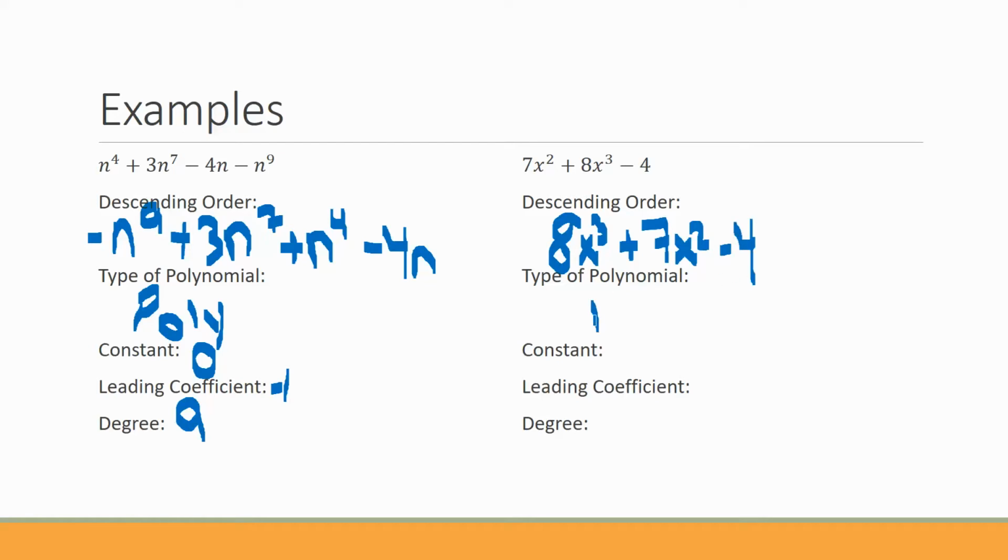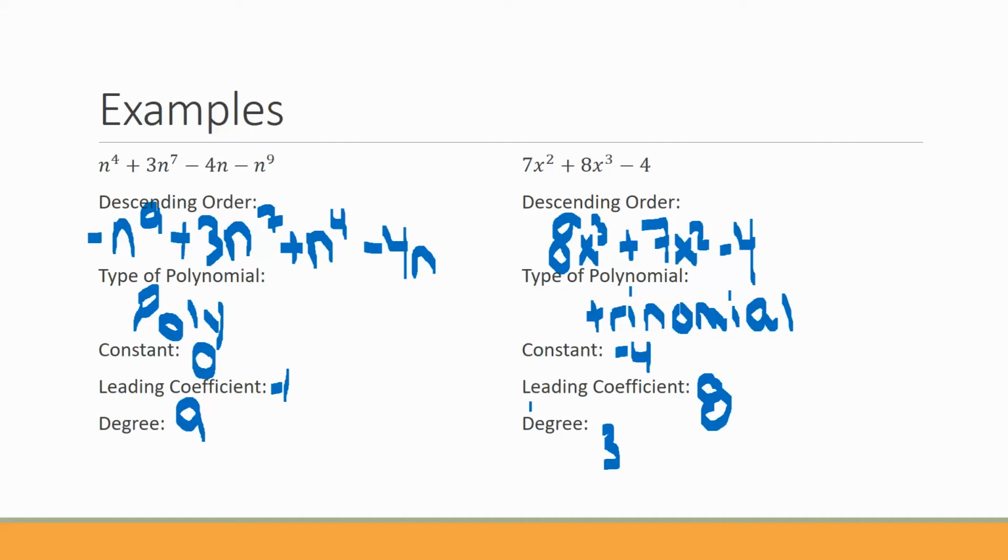That's a trinomial because it has 3 terms. The constant, this is the one without the variable, so that's -4. The leading coefficient is 8. And the degree is 3.